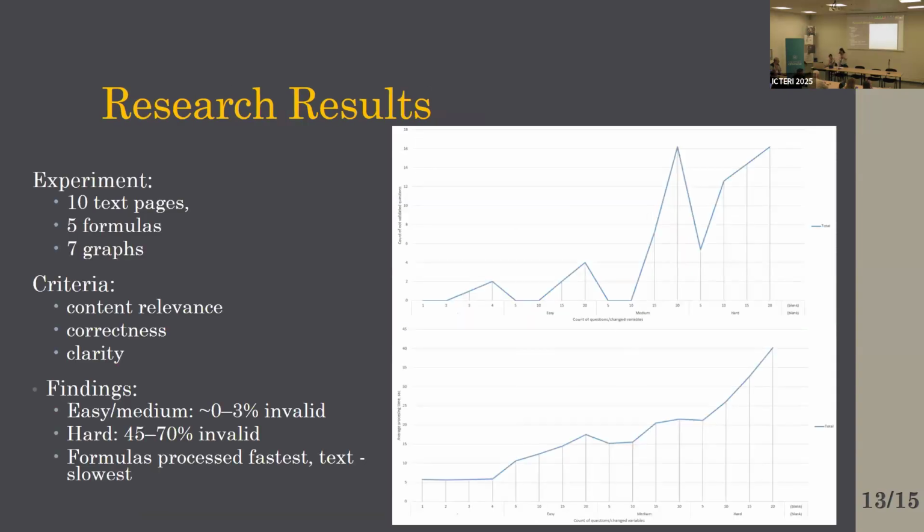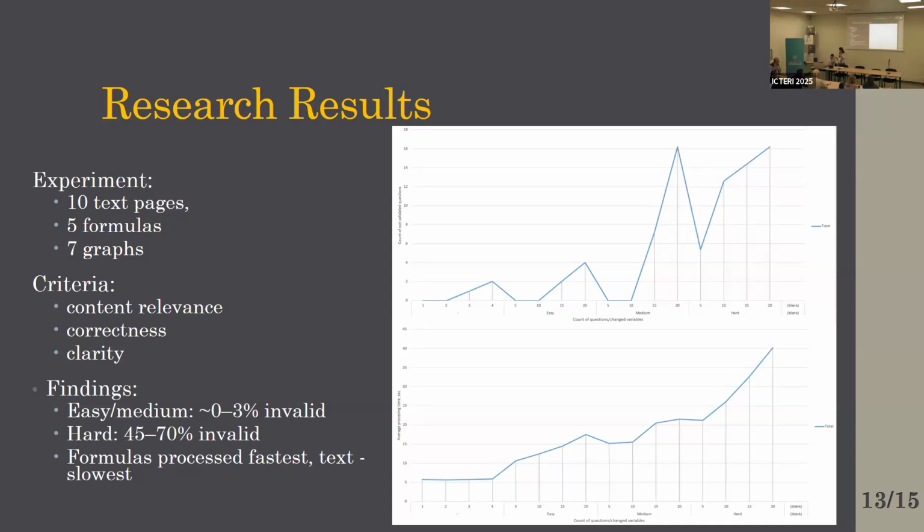Our experiments were also maybe not so complete. It was text pages with 5 formulas and 7 graphs, as flow charts and graphics. And we estimated criteria like correctness, clarity, and relevance. These were presented to the tutors by discipline and estimated by them.